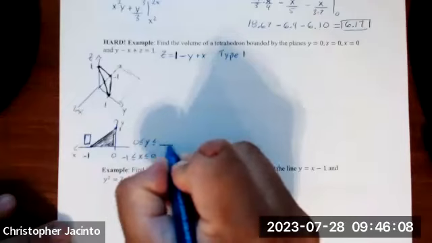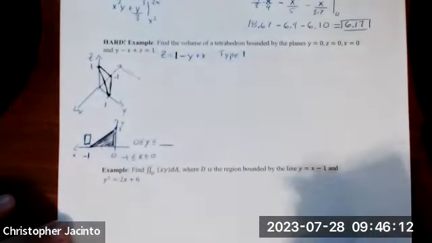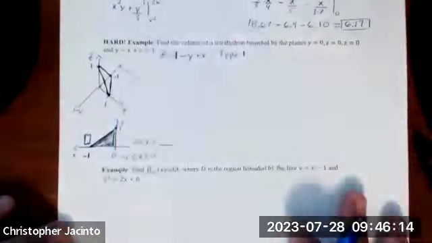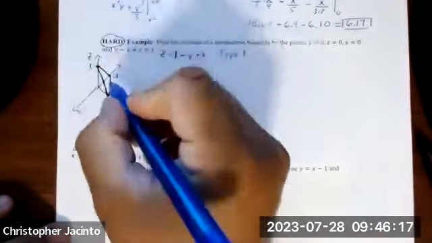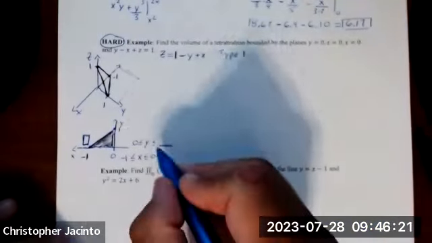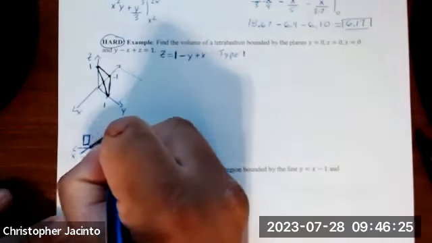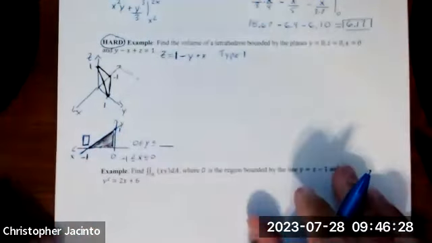Because it's a line here, it's not actually going to go to 1. So this is the only part where it makes it hard, not only graphing the tetrahedron, but also figuring out what our bound is for y. So all we have to do is find the line that goes through -1 and 1.